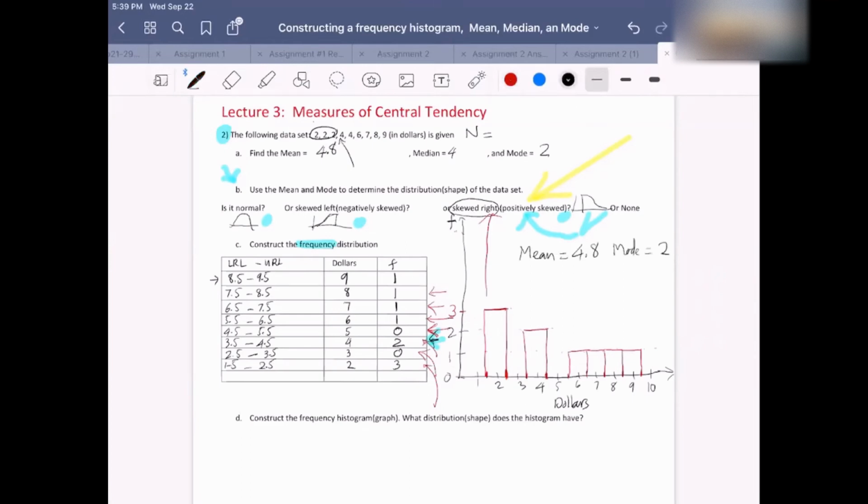So that means that the mean is greater than the mode. And the mode is the one with the highest frequency, everyone, or the tallest bar.